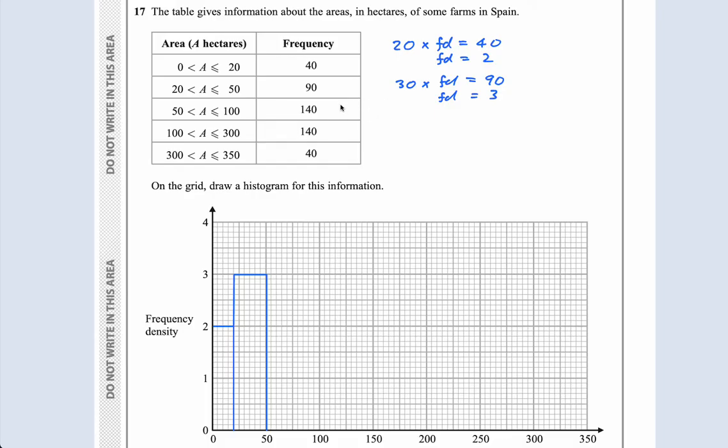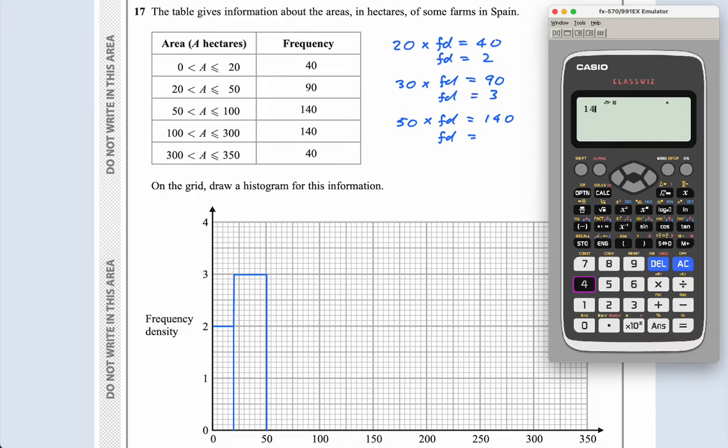Next one, this length is 50, because 50 to 100 is 50. So 50 times frequency density has to equal 140. Frequency density is equal to 140 divided by 50.